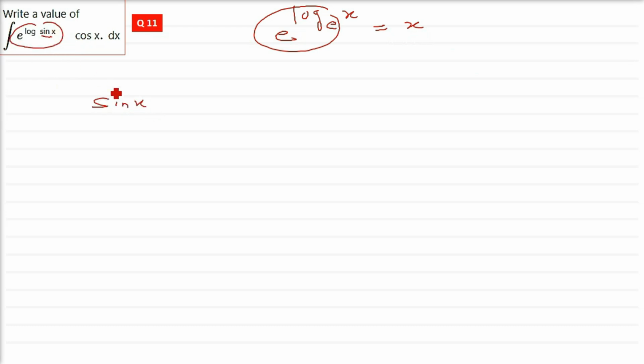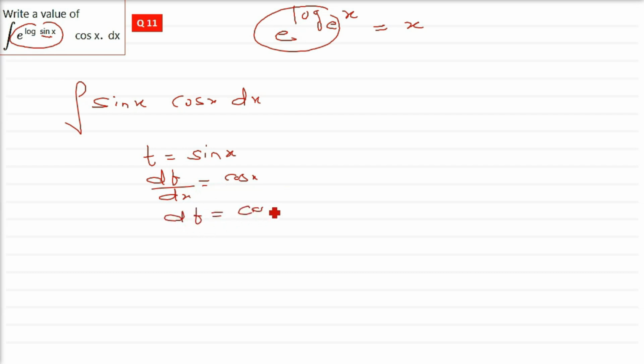So this will be sin x, this will be cos x dx. So e raised to log sin x is sin x, cos x was already there, and there is a dx already there. Now we can get sin x from cos x, we can get cos x from sin x, but we don't generally deal with the negative sign. So we'll take t equals sin x, because when we differentiate, dt by dx will be cos x.